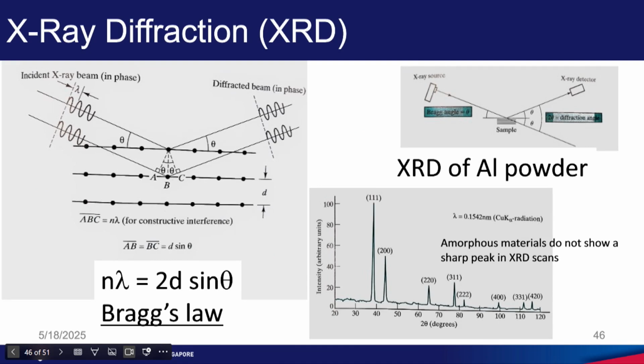So, substitute them, you can calculate the lattice constant d. Okay. So, for doing XRD, usually we use this theta-2 theta configuration. That means your sample is somewhere here, the crystal planes are here, the incident angle is theta, the reflected angle is also theta.